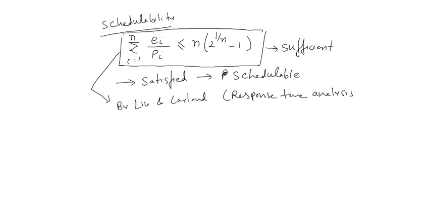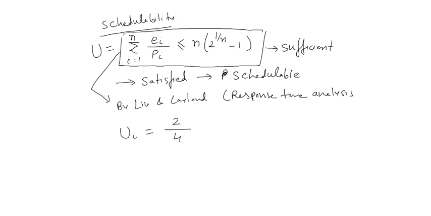Now we will see whether this condition is satisfied for our given example or not. Ei upon pi is called utilization. Let's say I compute the utilization for a certain task. Say the period is 4 and the execution time is 2.